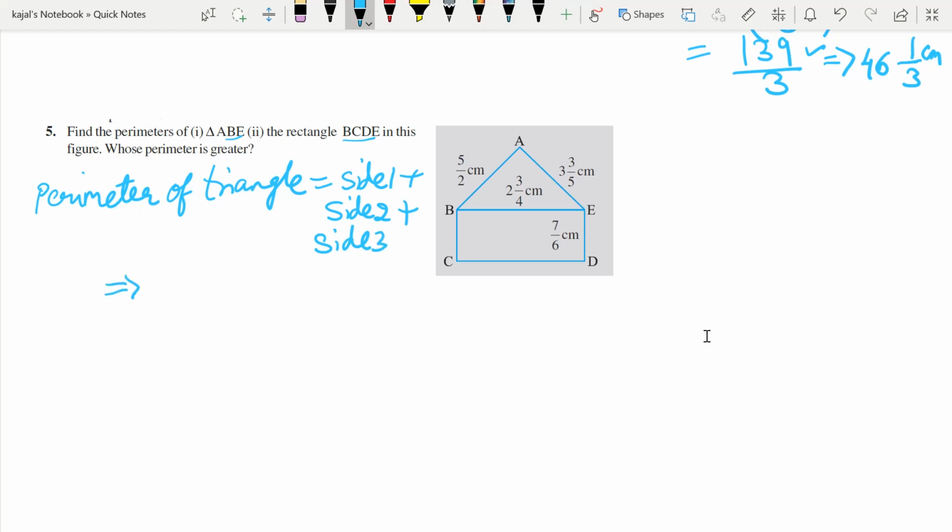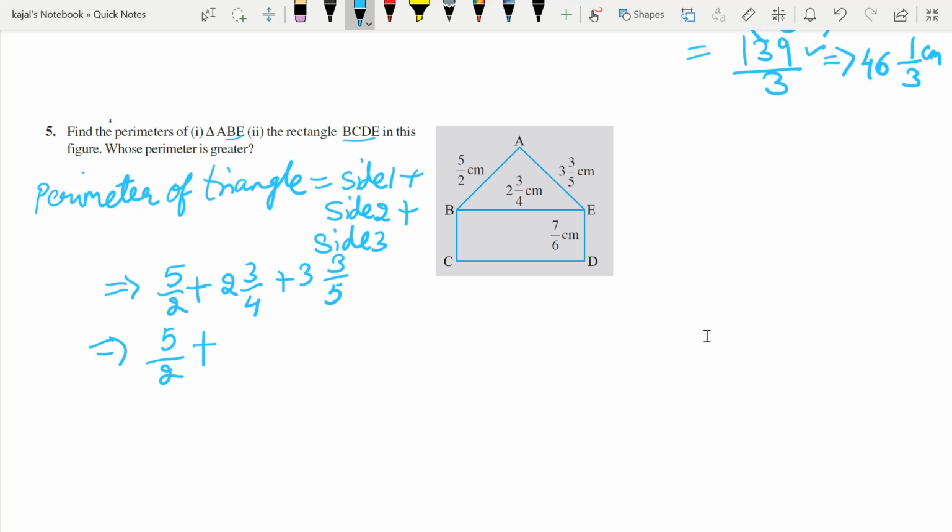So we can write it as 5 upon 2 plus 2 3/4 plus 3 3/5. Now we have to convert the mixed fractions first into improper ones, then we will take the LCM.